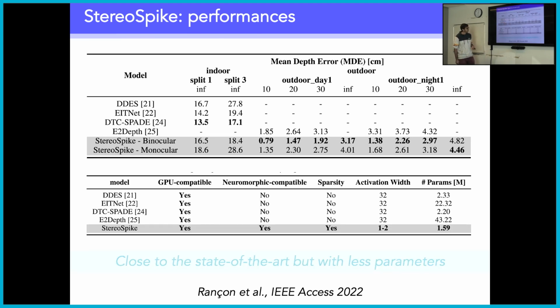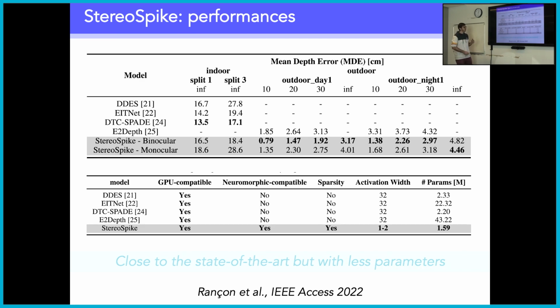But the point is that if you look at the neuromorphic compatibility, sparsity, and also number of parameters, StereoSpike was probably better. So the point here is not to argue that we have the best approach in terms of performance, but that we have a relatively good trade-off between energy consumption, applicability on neuromorphic hardware and performance.